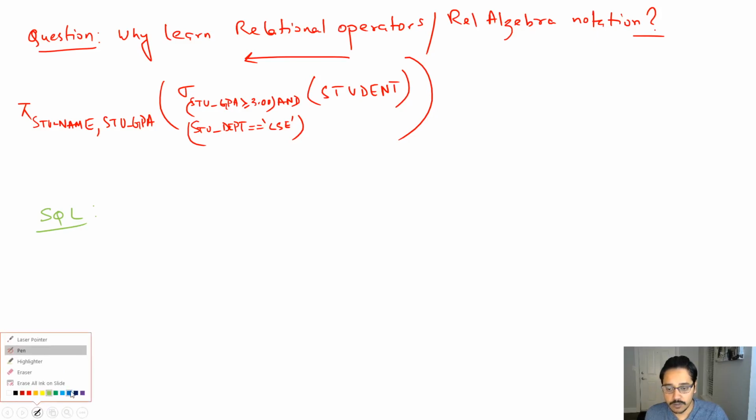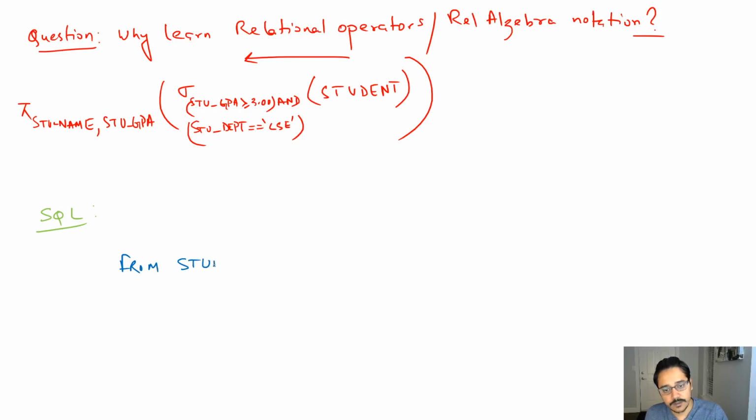So let's choose a better ink. When you formulate the logic, you first do from student. And that is where the correlation is. You first specify the input, and then the criteria. So you will have the criteria written in the where clause.